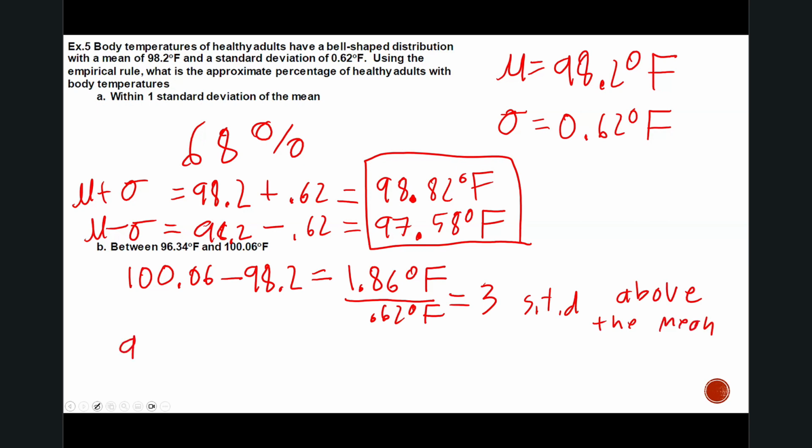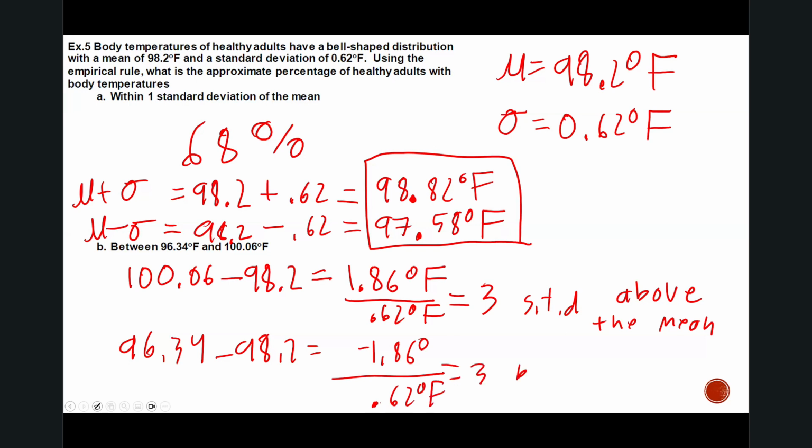This other one, if you do the same calculation, this person is colder than average. So you get a negative number. You get 3 below the mean.